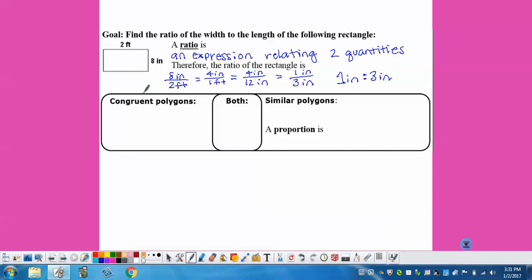So, in previous units, we've talked about congruent polygons, and we know congruent polygons have the same size and the same shape. Similar polygons have the same shape, but they're different sizes. So both of them have the same shape, which tells us that the angles are congruent.